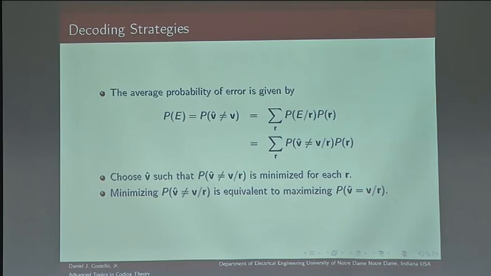We can agree that minimizing the probability that V hat is not equal to V is the same as maximizing the probability that V hat is equal to V. It just turns out to be a little easier to maximize the probability that our estimate is actually correct, that is, the probability of making a correct decision. We're either correct or we're in error, so maximizing one is minimizing the other.